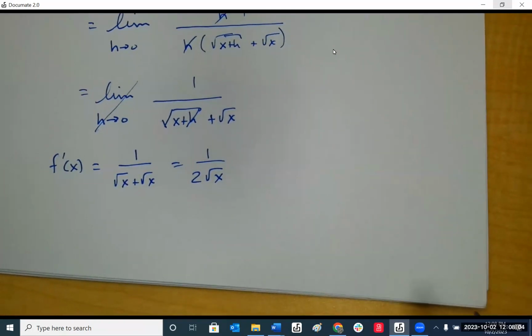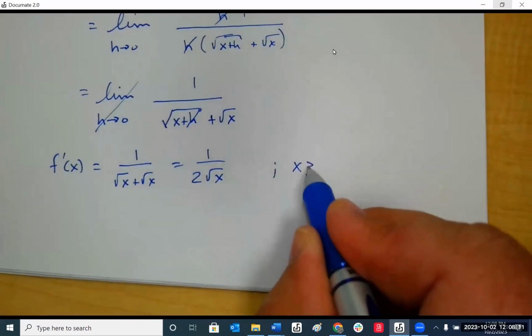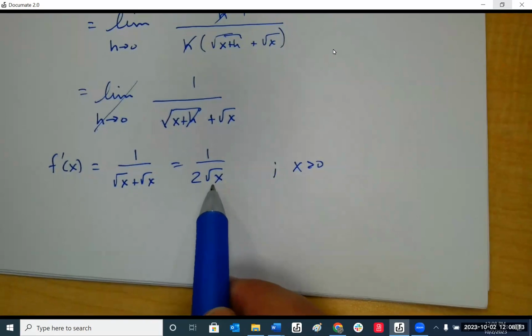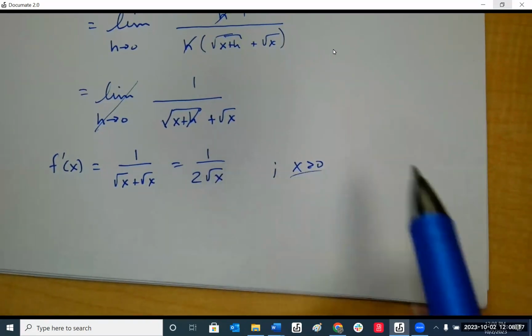So, remember, we said our condition had to be x is greater than zero because you can't equal zero on the bottom and it can't be negative inside the radical. So check.